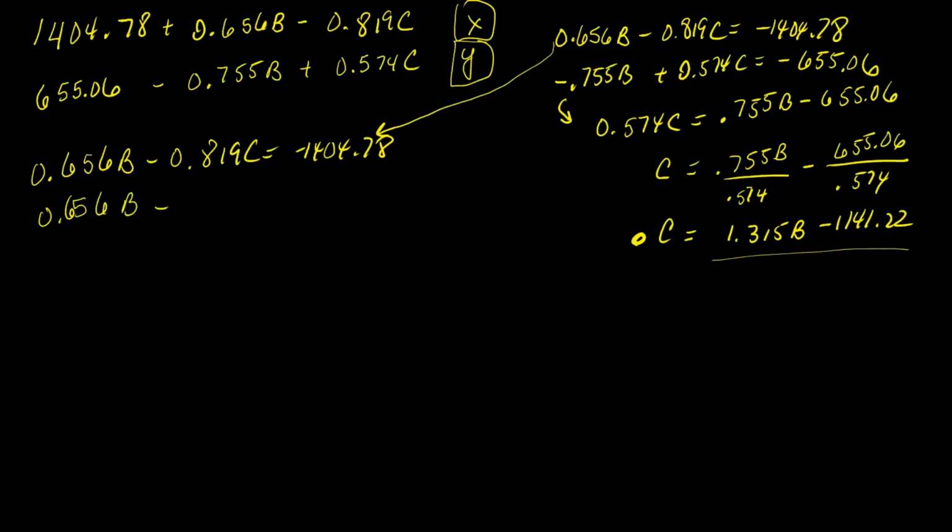So 0.656 B minus 0.819 C's, which is 1.315 B's minus 1141.22, equals negative 1404.78.